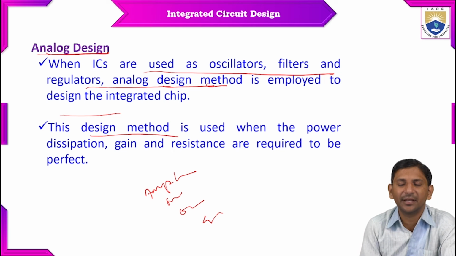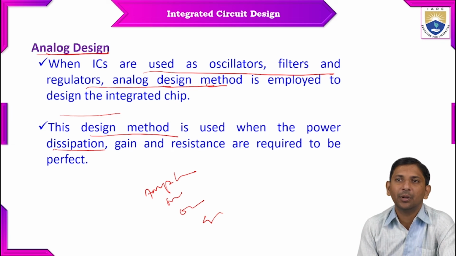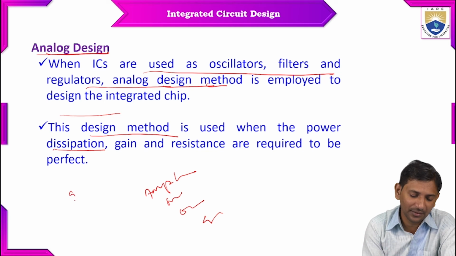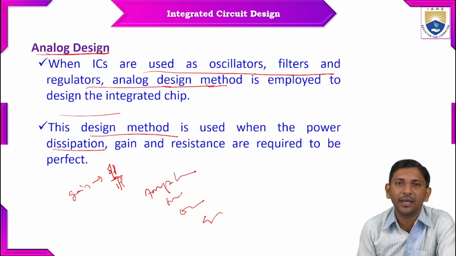This design method is used when the power specification, the power dissipation, is low power consumption, which gives high gain. The gain is defined as output response by input response, that is, output voltage by input voltage.